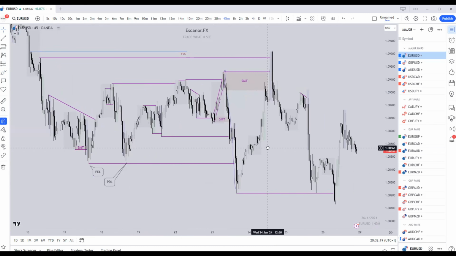So you need to keep your eye also on the smart money traps. This is from an intraday perspective. There is also inducement on the lower time frame, on the 1 minute, on the 5 minute.